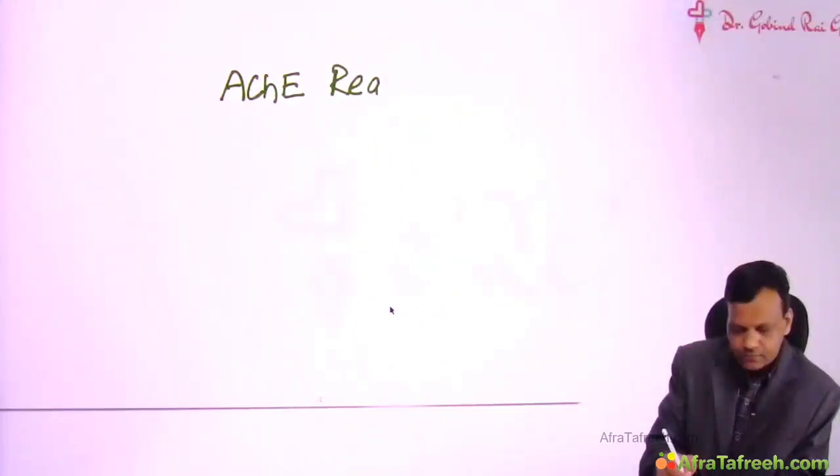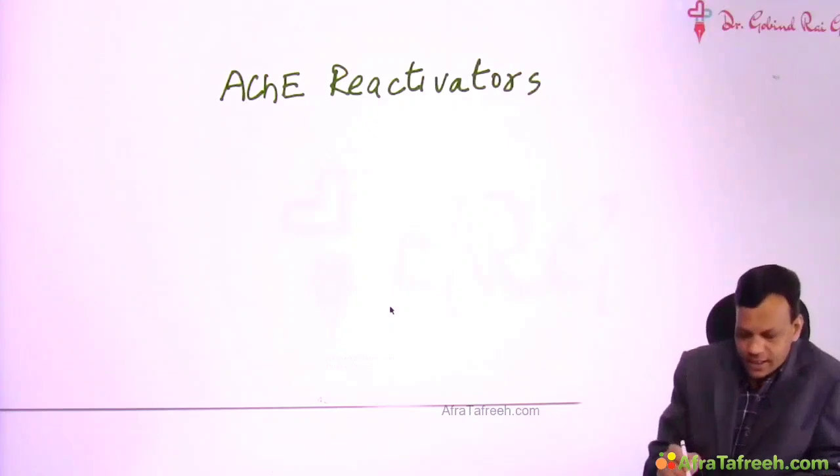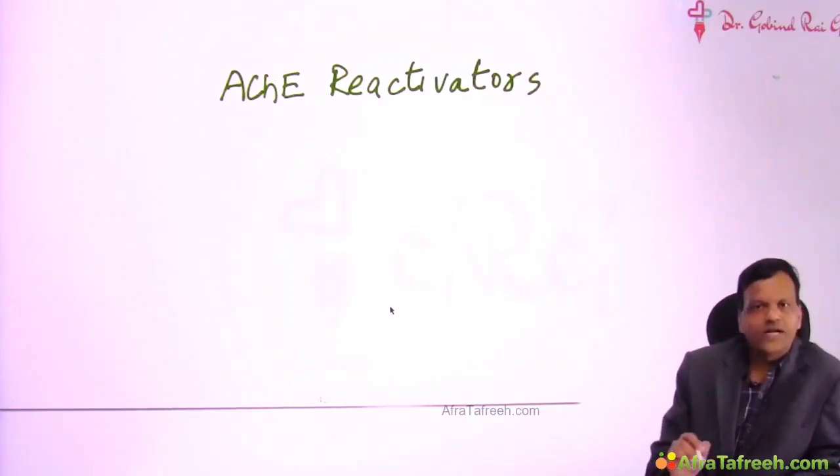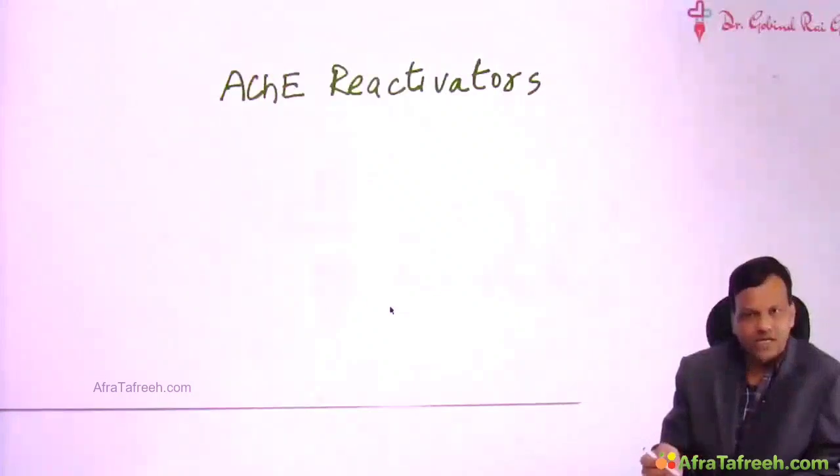Now, remember, the name says they will reactivate the inhibited enzyme. Organophosphate and carbamates are irreversible inhibitors of acetylcholinesterase. Acetylcholinesterase cannot automatically work, but if we give these drugs, they can start working.